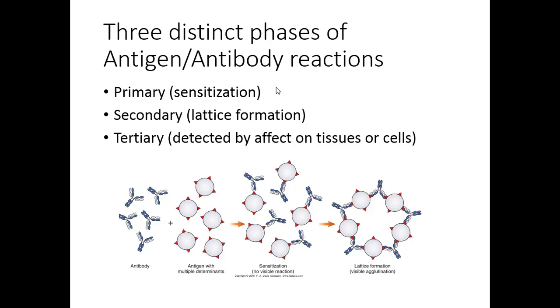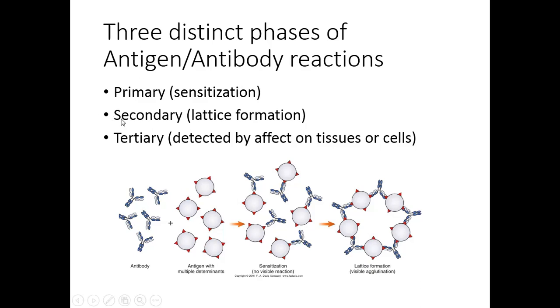So we understand the concepts of Fab regions of antibody binding to an antigen. We understand that, right? We're good. That's the easy part. That first part is called sensitization. That's all that is, sensitization. It's antibody binding to an antigen. We're going to take a look at that in a little more detail in just a second.